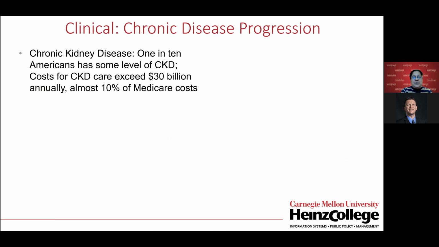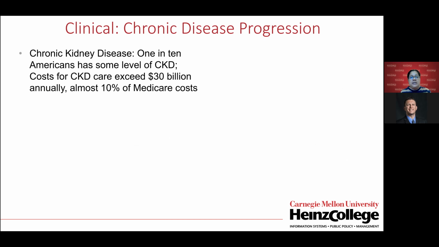So I'm going to start with the clinical setting and the chronic disease area. So, just the statistics associated with chronic conditions in the US. We have a population of maybe, let's say, 335 million. About 6 in 10 adults have at least one chronic condition.